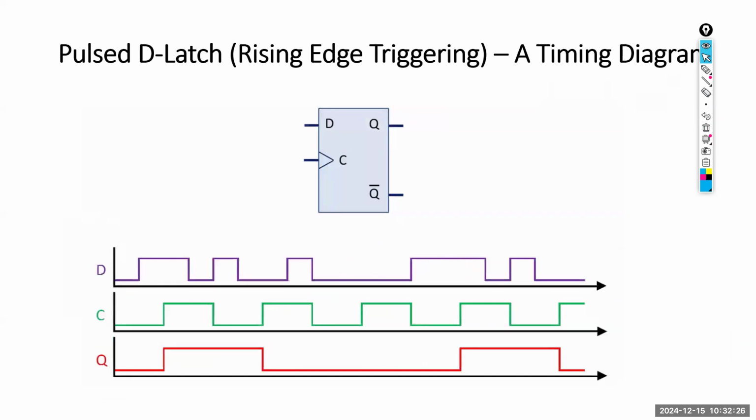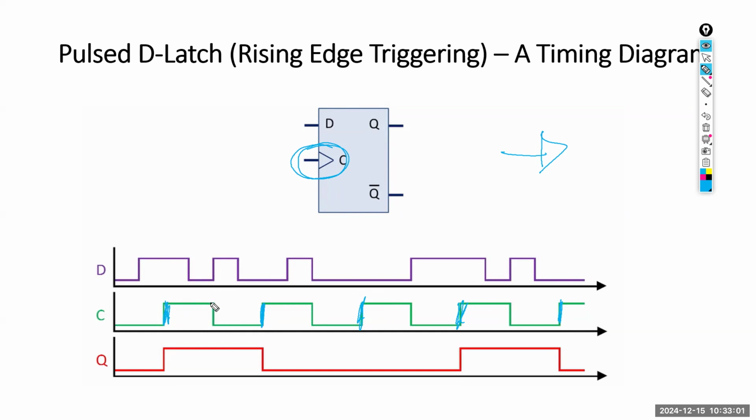Now this is an exercise. This clearly shows that this is a rising edge triggering D latch, because the symbol is rising edge triggering. That means this circuit gets triggered at these points only, the rising edges. It's not going to respond anywhere else, not at the high levels or low levels, or even at the falling edges.